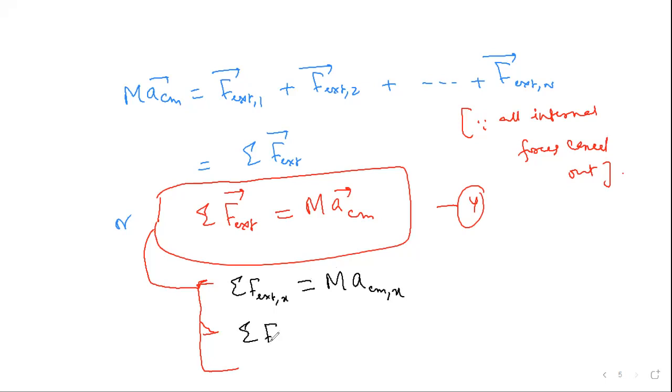Sigma F external Y is M ACM Y, and sigma F external Z is M ACM Z. What is ACM X? X component of acceleration of center of mass. What is ACM Y? Y component of acceleration of center of mass. ACM Z is Z component of acceleration of center of mass, right?